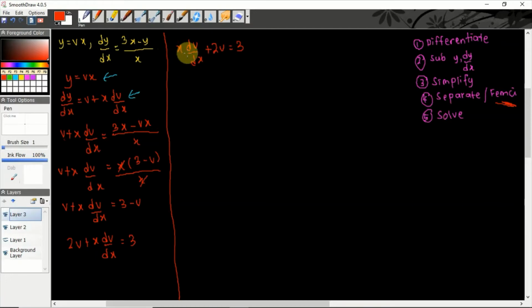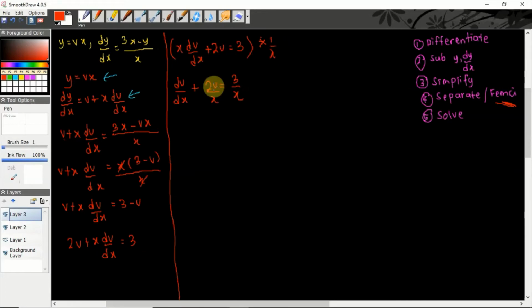Here our dv/dx has x, so we have to divide everything by x, times 1 over x. So it becomes dv/dx plus 2v over x equals 3 over x.